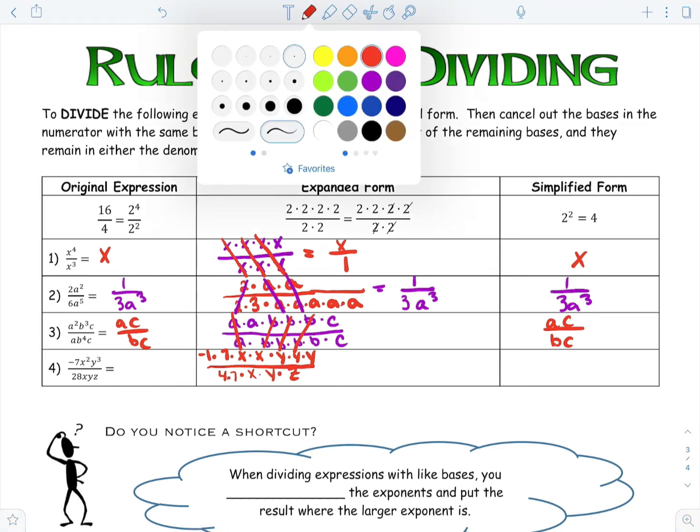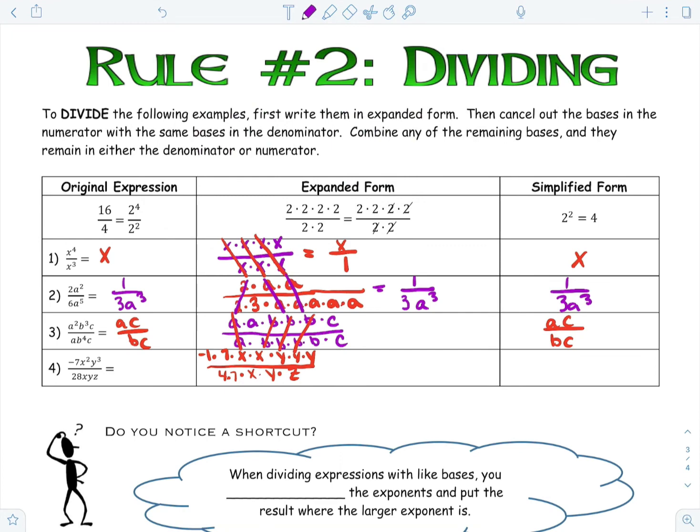z. All right, now we're going to cancel like factors in the numerator and denominator. The 7s are like factors. X, y, and we've canceled all the like factors in the numerator and denominator.